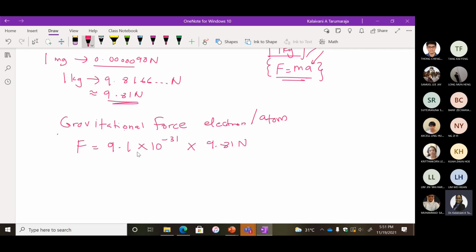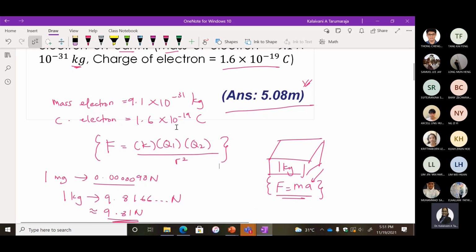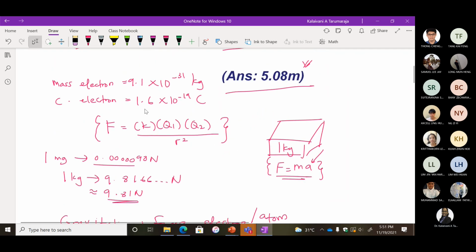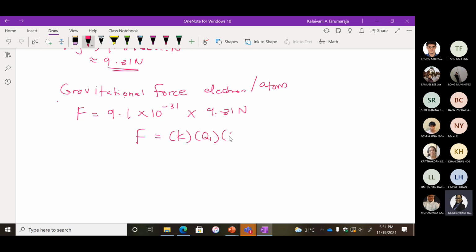Once I have done the calculations, I know the value of the force here. Now I substitute into the original equation. Let me write back the equation: force equal to K, Q1 with Q2 over R squared.